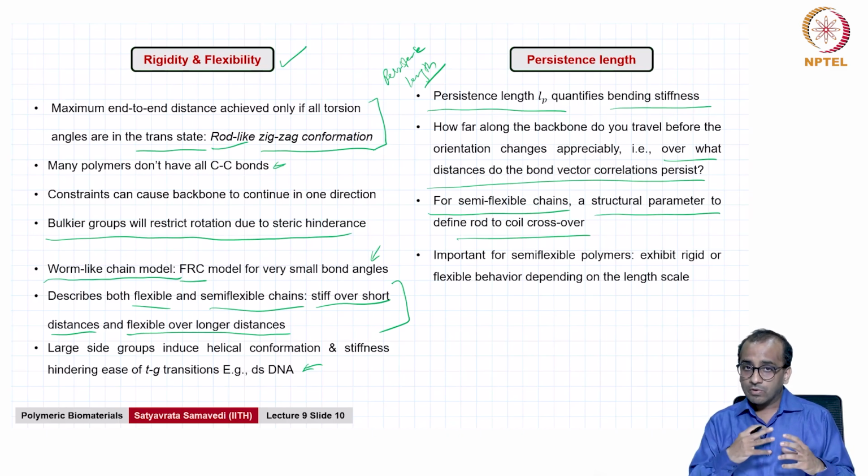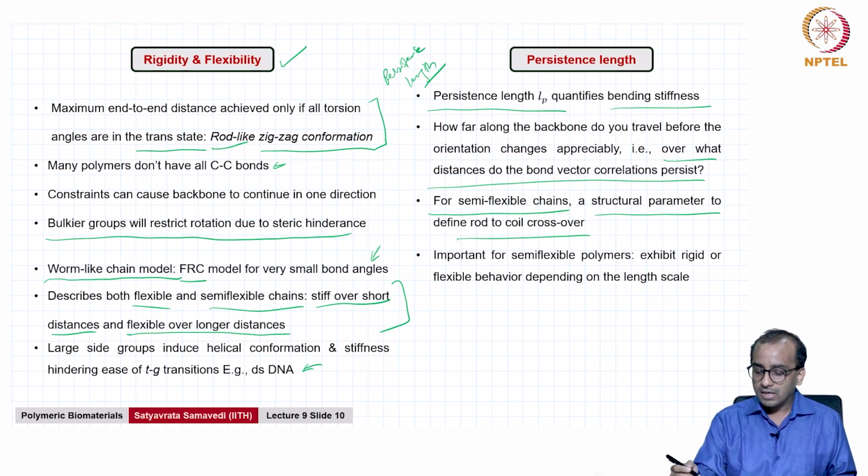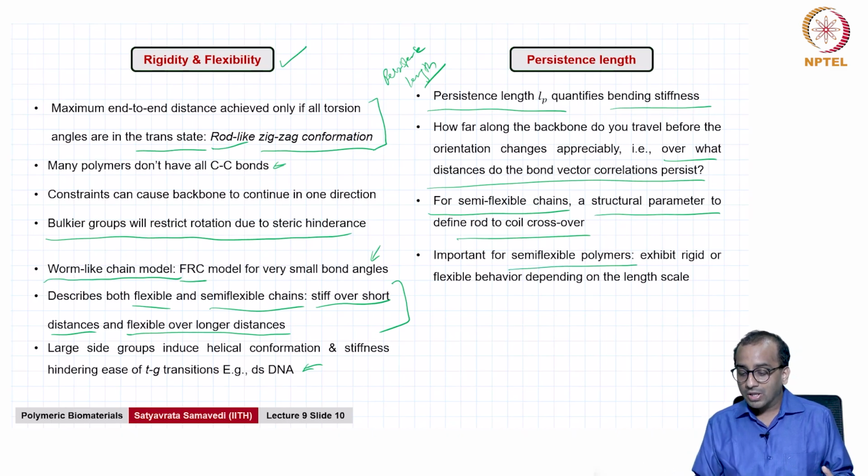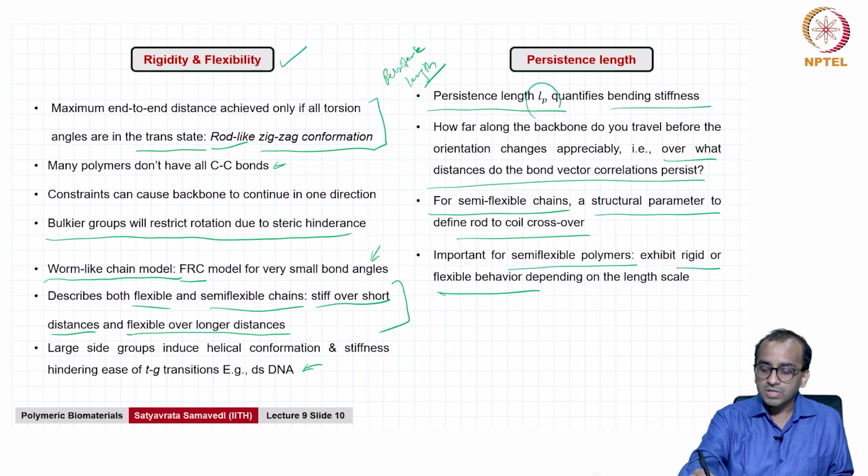So, the same worm-like chain model can now be used to describe the properties of semi-flexible polymers, which can exhibit rigid or flexible behavior depending on the length scale of interest, and that length scale can be thought of in relation to persistence length.